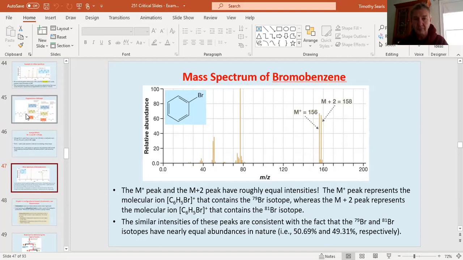So the base peak is at 77, because it's C6H5. And there's a small peak at 50, which I would have to think about. But the whole molecular ion peak is at, whatever it is, 158, 156.